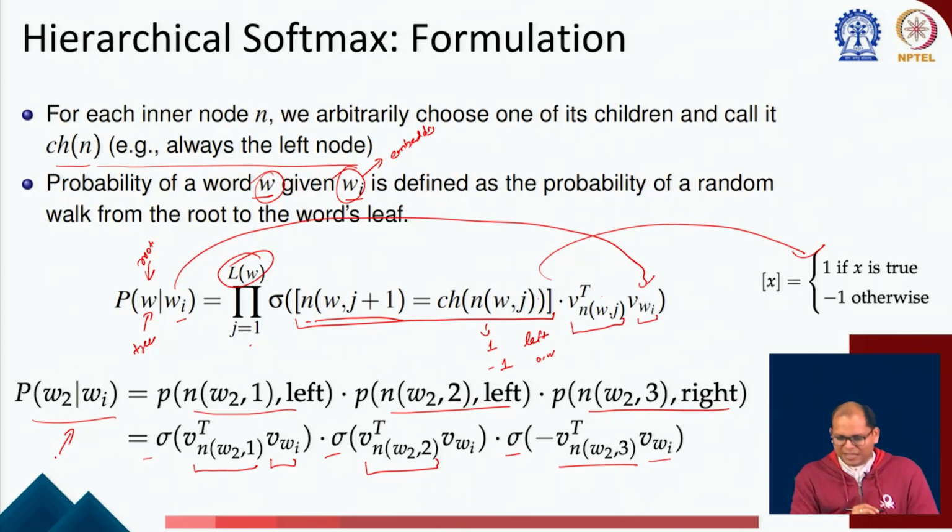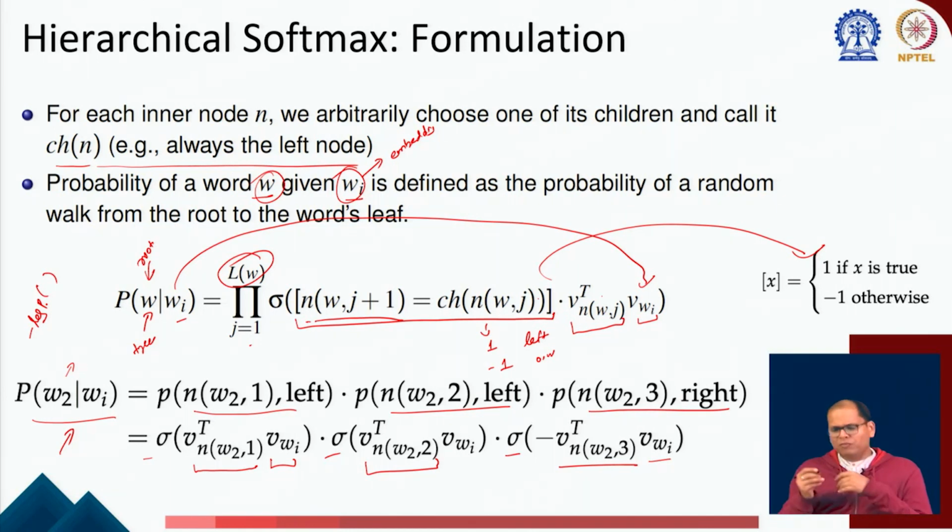You compute this probability and you update depending on whether this probability is low or high. So, you compute the minus log probability as your loss and accordingly update all the parameters. You want to achieve high probability if this is the context word.